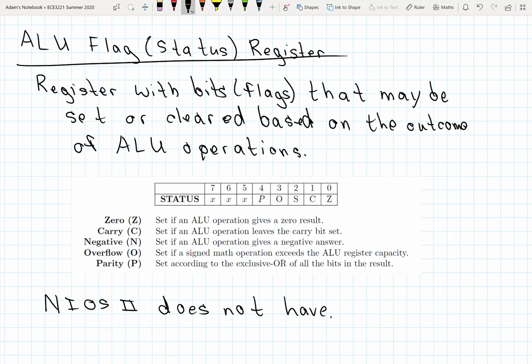Okay, so it's up to the application developer to do checks on the data to ensure that your ALU operations are valid and that they aren't resulting in any unanticipated issues.